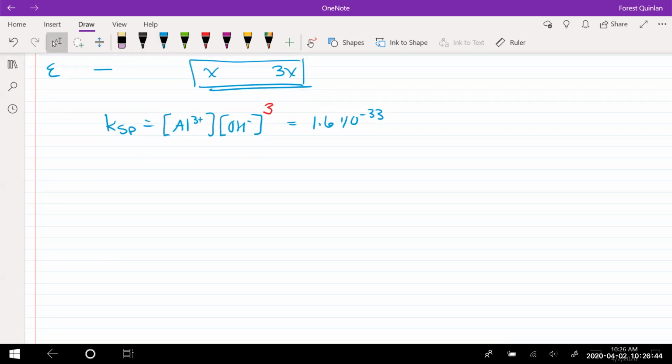And I'm going to pick on ESA. ESA, what do I put in for the aluminum 3 plus? Is it X? It is X. What do I put in for the OH minus? 3X. And so let me be very clear on that.